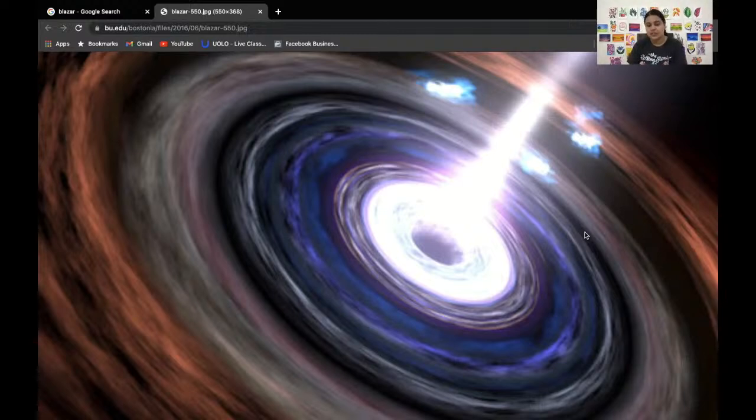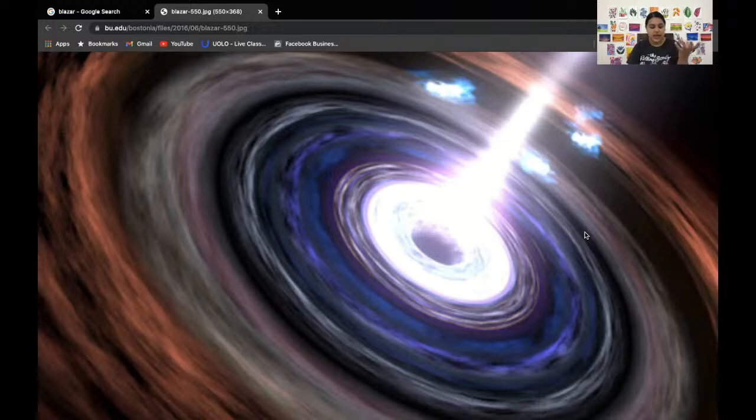Now, what is the blazar? A blazar is basically what you see right here. If you paid attention in the last class and saw what a black hole is, then you will know what a blazar is. It's very similar to a black hole. In the last class when we spoke about the black hole, you know how it sucks things into it.